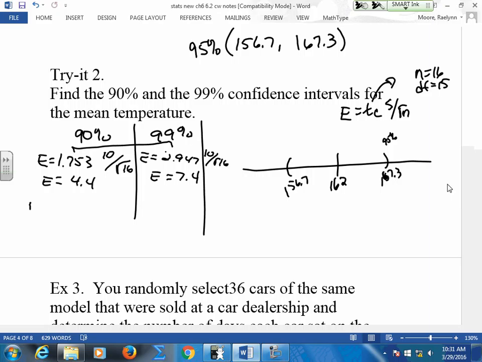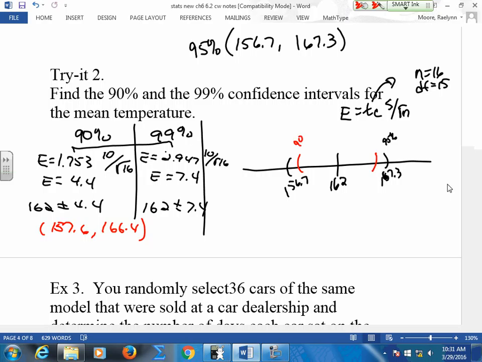So I'm going to start with 162 plus or minus 4.4. So let's do this guy in red. So let's see where this lands. 157 falls here. 164, 166.4 falls here.